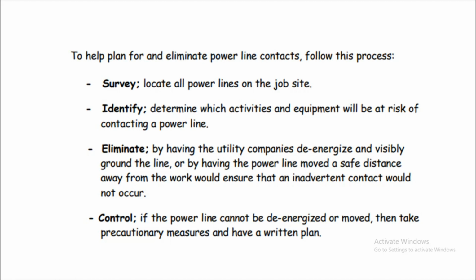For example, when you are dealing with power lines that you cannot de-energize, your plan is to provide isolation of that power line with sufficient distance. That means at all times, any equipment and any personnel keep a safe distance from that power line. That is one example only.